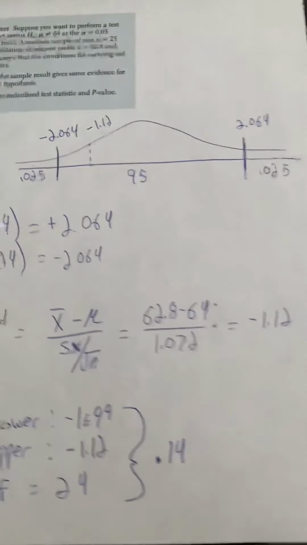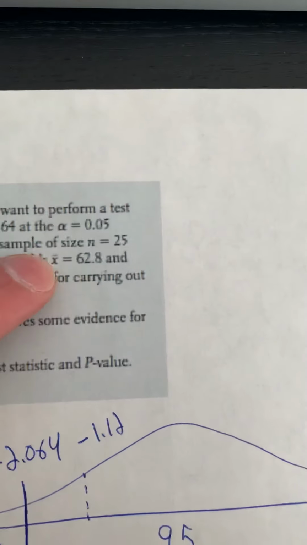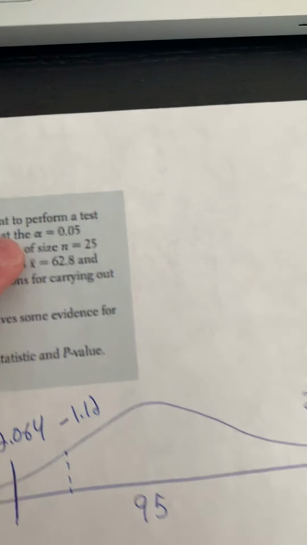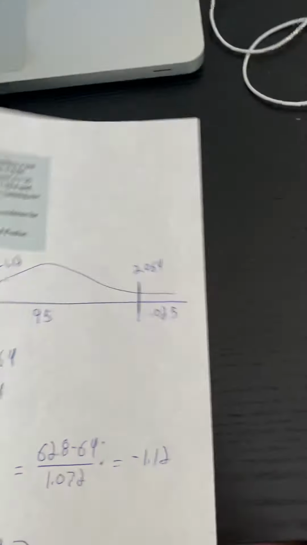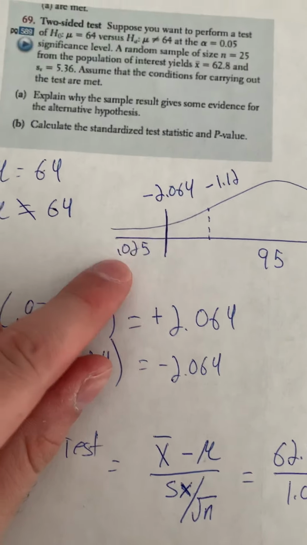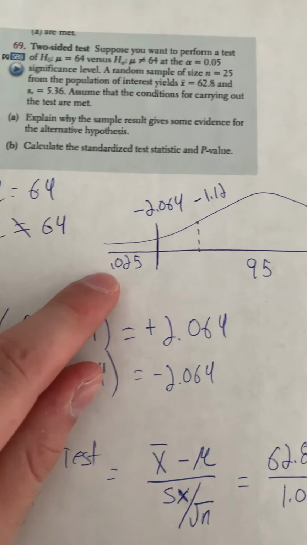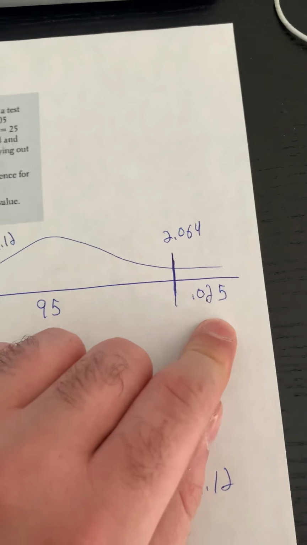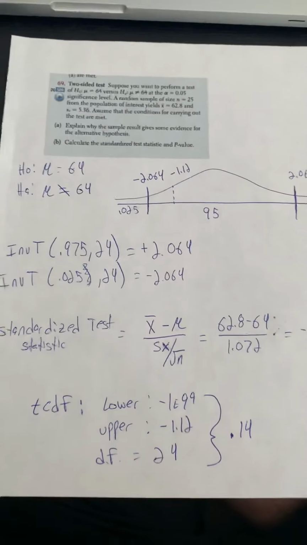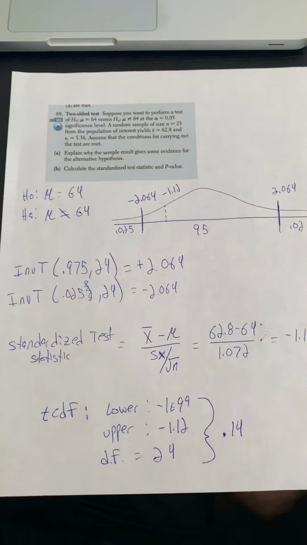So again, getting a sample result of 62.8 or worse will happen purely by chance about 14% of the time, because that does not fall in the lowest 2.5% of test statistics or the highest 2.5% of test statistics. We will fail to reject the null.